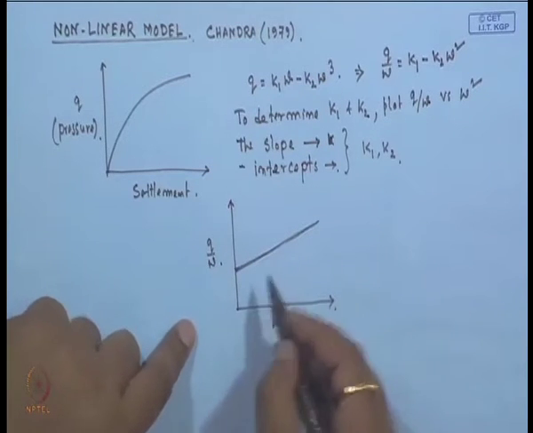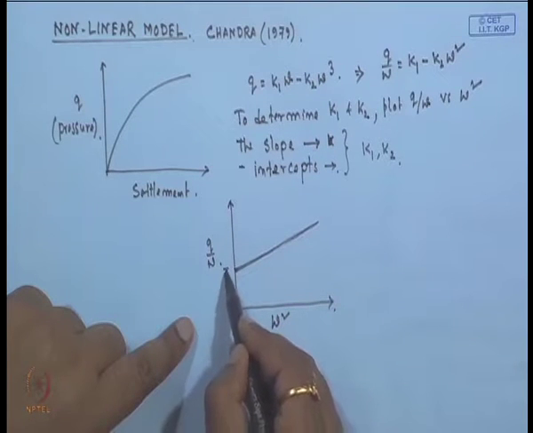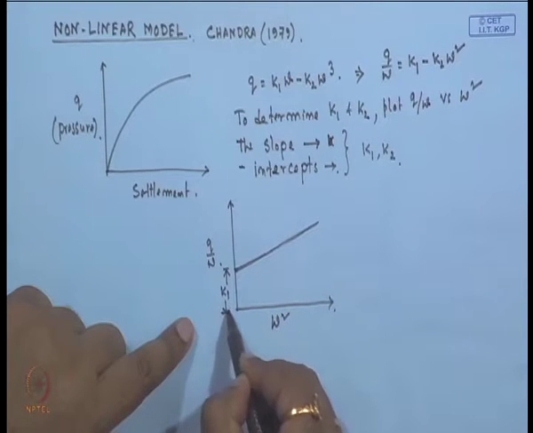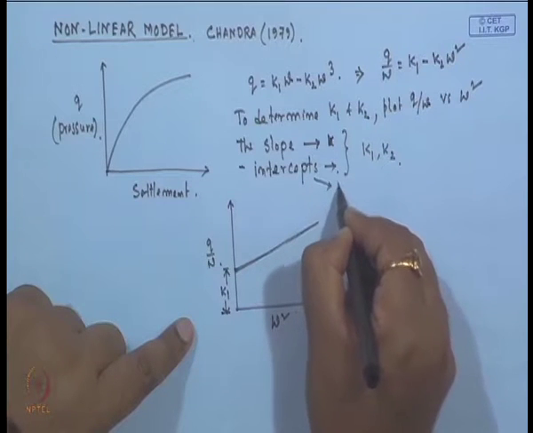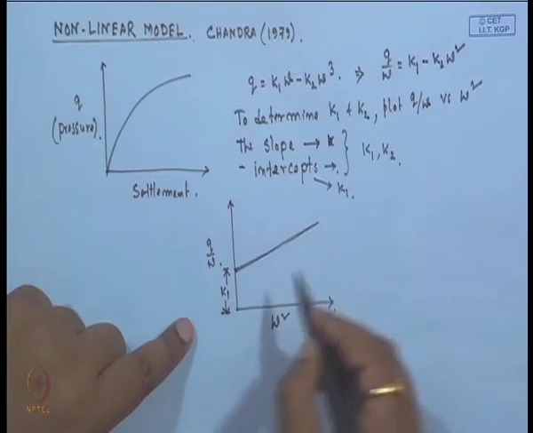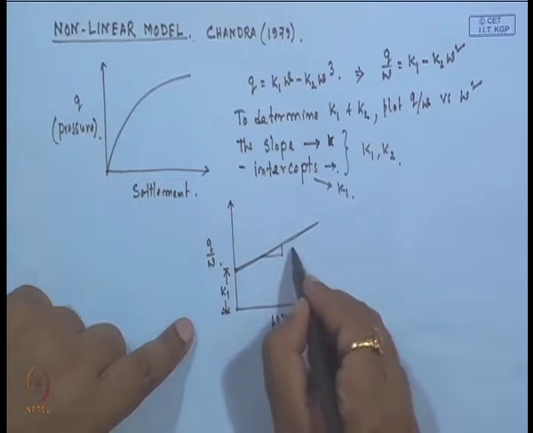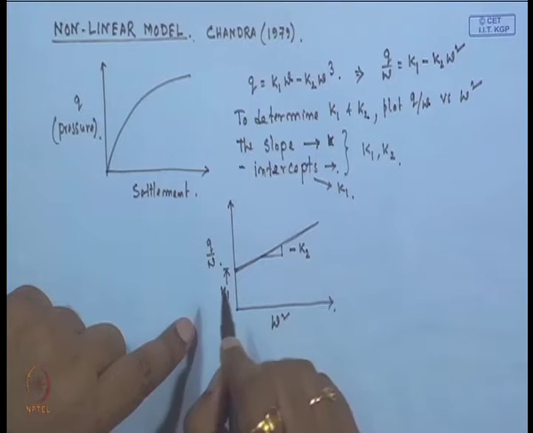So, that slope and the intercept will give us the K1. The intercept will give us K1 and the slope will give us minus K2.